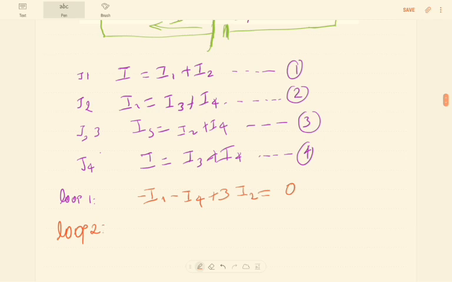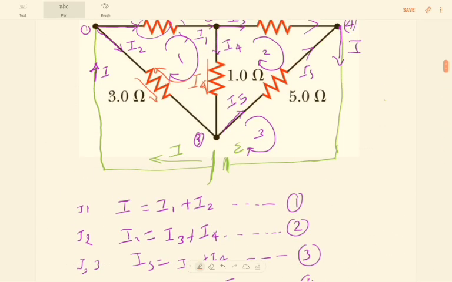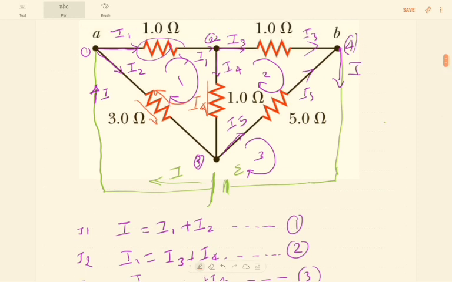ሉፕ 2 ላይ ደግሞ ሄደን ኪርሆፍስ ቮልቴጅ ሎን በተመሳሳይ መንገድ አፕላይ እናደርጋለን። As you see, the voltage drop at I3 is minus I3 because the direction of the loop and the direction of current are in the same direction, so you will have a negative potential drop. But when you come to the 5 ohm resistor, the direction of the loop and the direction of the current are opposite, so you will have a positive potential drop. And finally you will get I4.